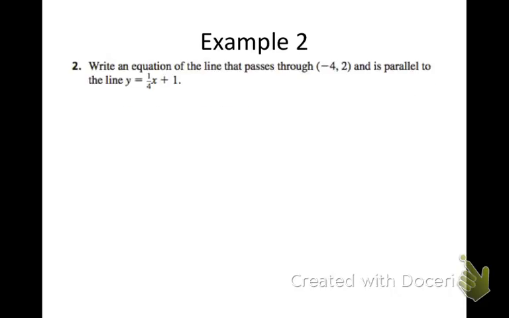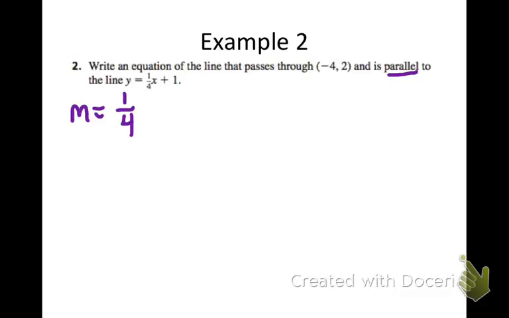In example 2, we want to write an equation of a line that passes through (-4, 2) and is parallel to the line y equals 1/4 x plus 1. Since we want the line to be parallel, we know it's going to have the same slope, so I'm going to start by recording that the slope will be positive 1/4. I'm going to use the point-slope formula.